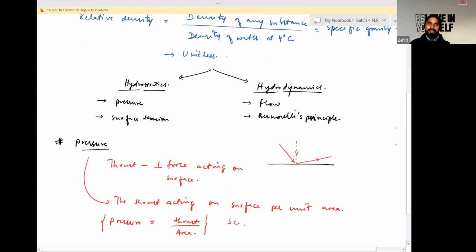It is a scalar quantity. There will be no direction. Having SI unit is Pascal or Newton per meter squared.